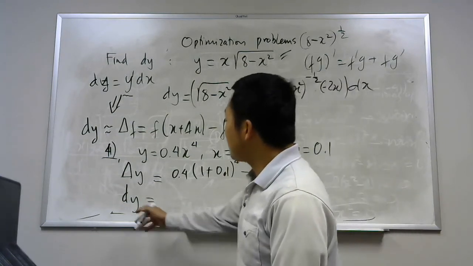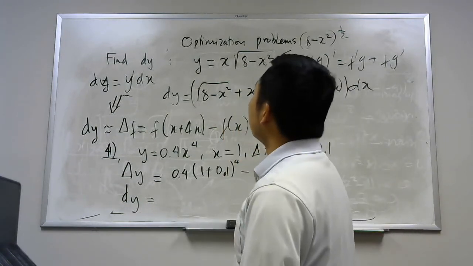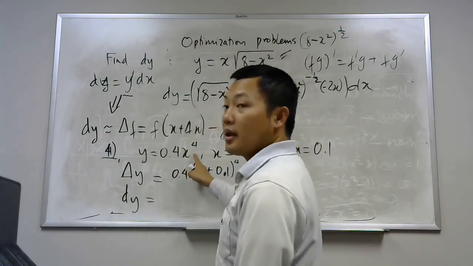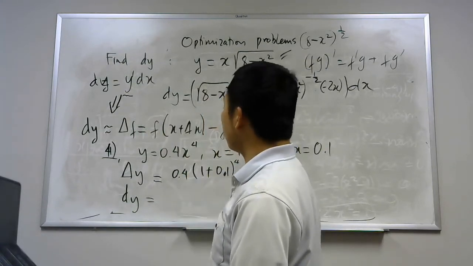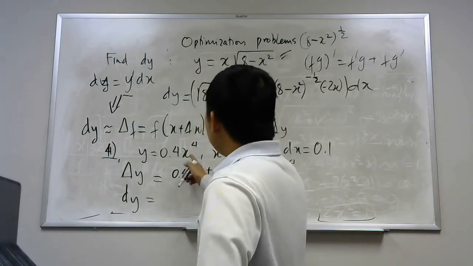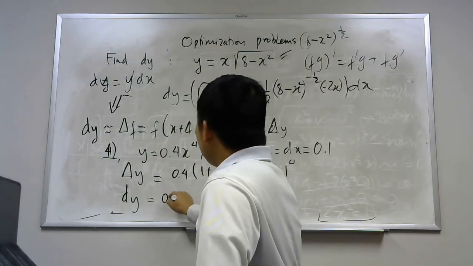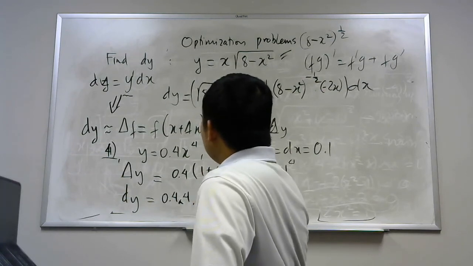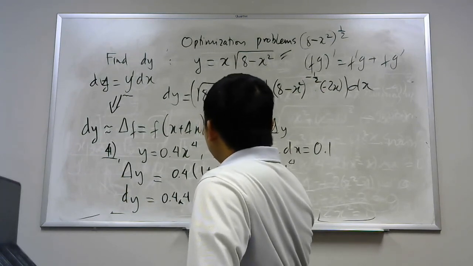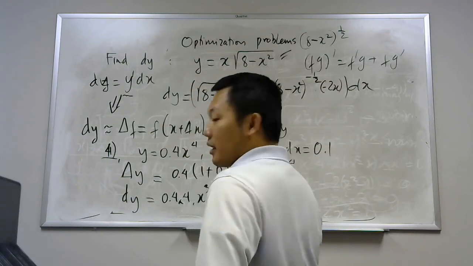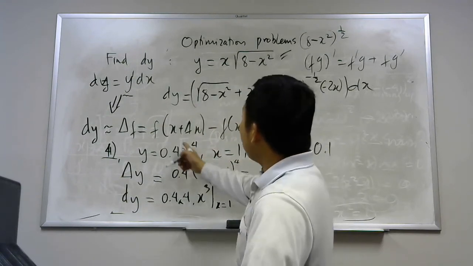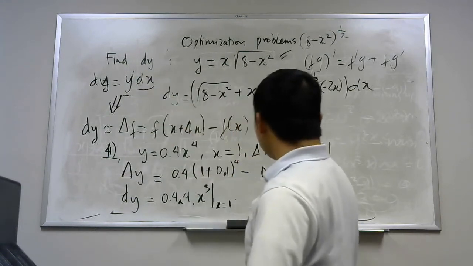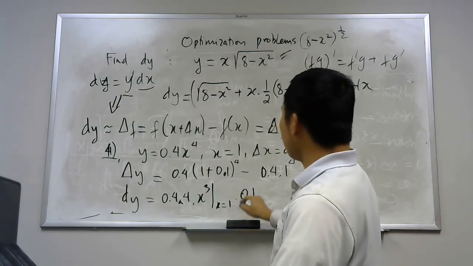And if you use differential, that means we have to find the derivative of the function, right? So the derivative of this is equal to 0.4 times 4 times x to the third, and I evaluate this when x equal to 1, and then I multiply by dx. dx is 0.1. You see?